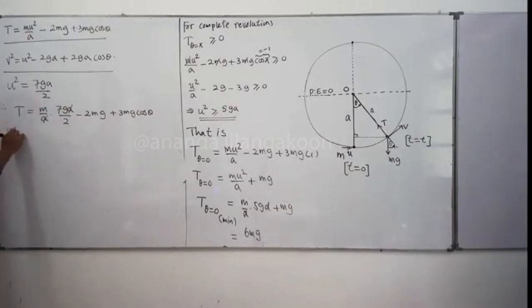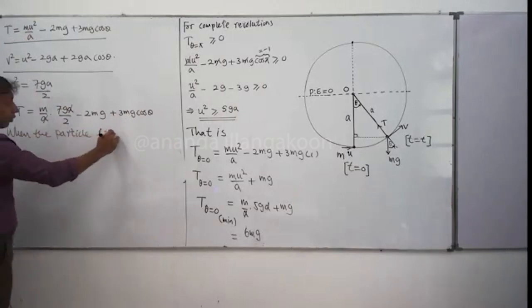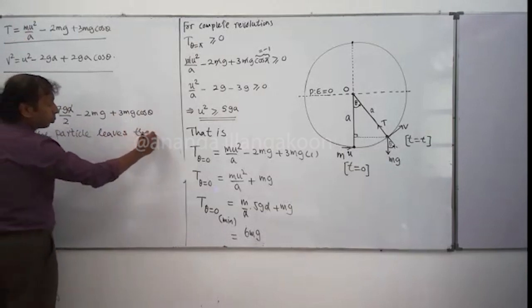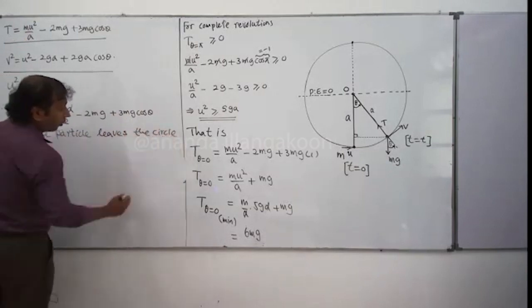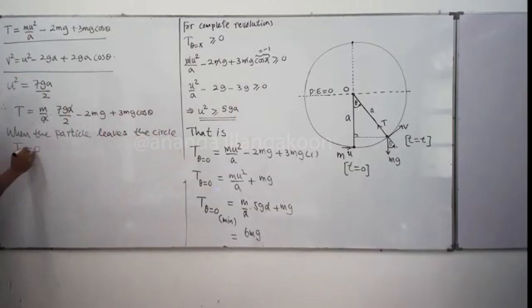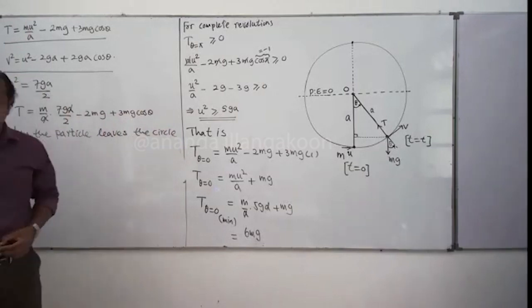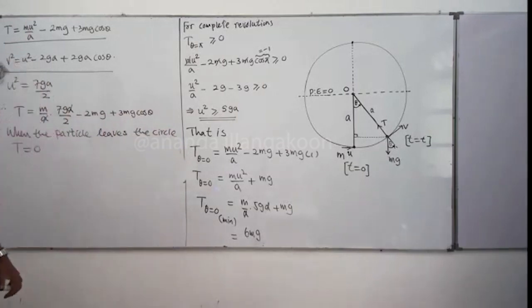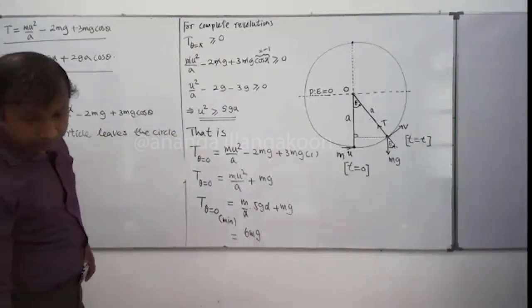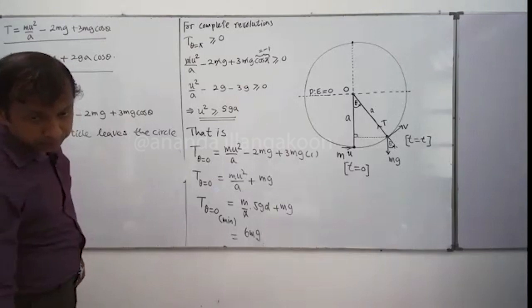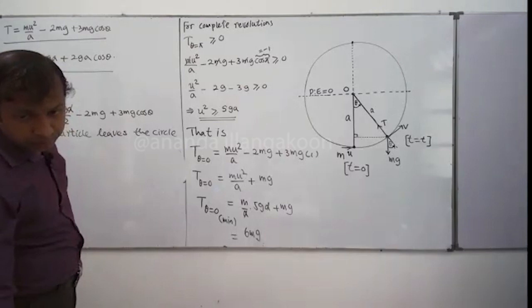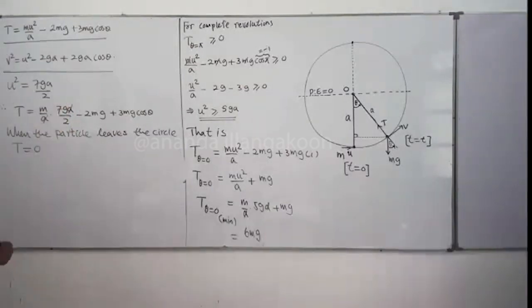When the particle leaves the circle, what can we say? Tension T equals 0. Then we can put here 0.